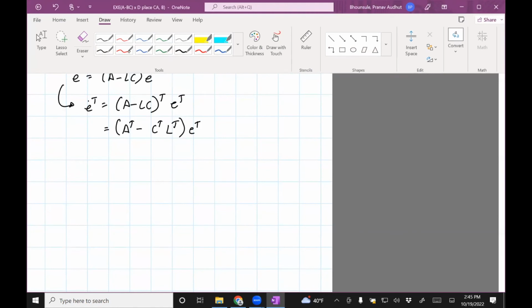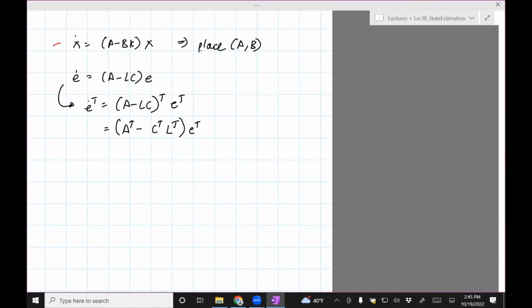Okay, now we can again do the same thing, compare this with the earlier equation. So again, we have A from here is the same as A transpose for e.